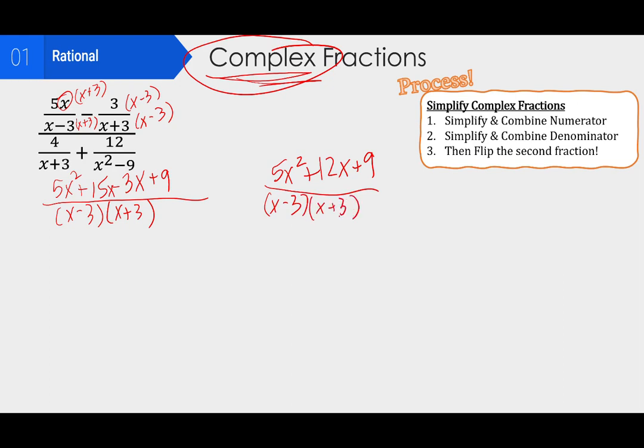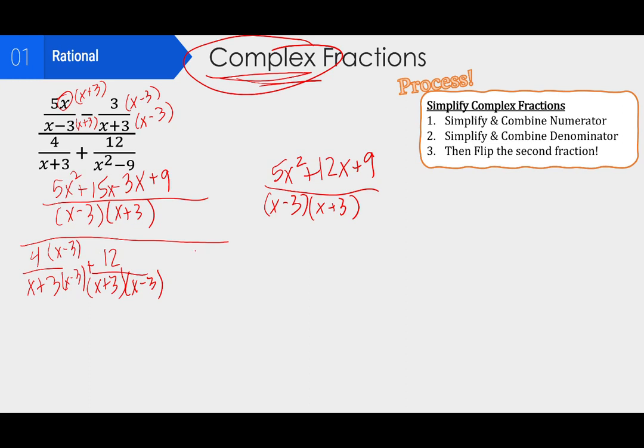Now I'm going to work on the bottom of the fraction, which was 4 over x plus 3 and 12 over x squared minus 9. Factoring that, I get x plus 3 and x minus 3. So this one already has a nice common denominator. I'm going to multiply x minus 3 for this fraction. Don't lose my plus sign.